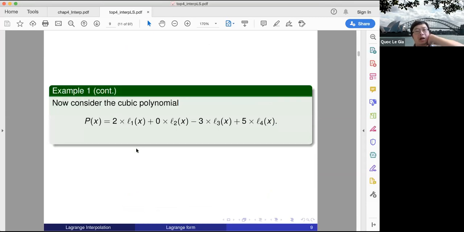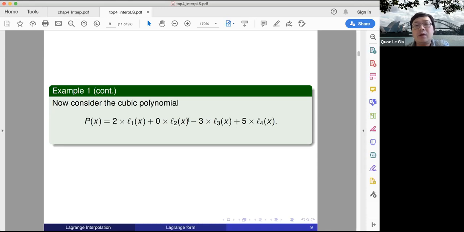And now, once you have all the L1, L2, L3, L4, it's very easy to compute the cubic polynomial. So you see 2 times L1, 0 times L2, minus 3L3 plus 5L4. So where do these numbers come from?